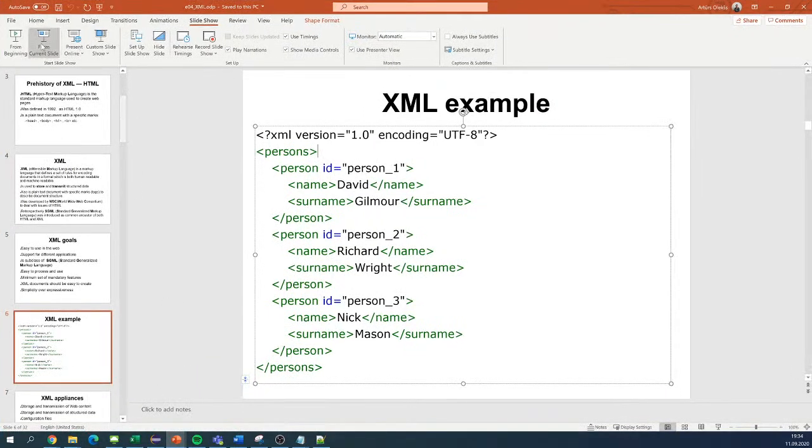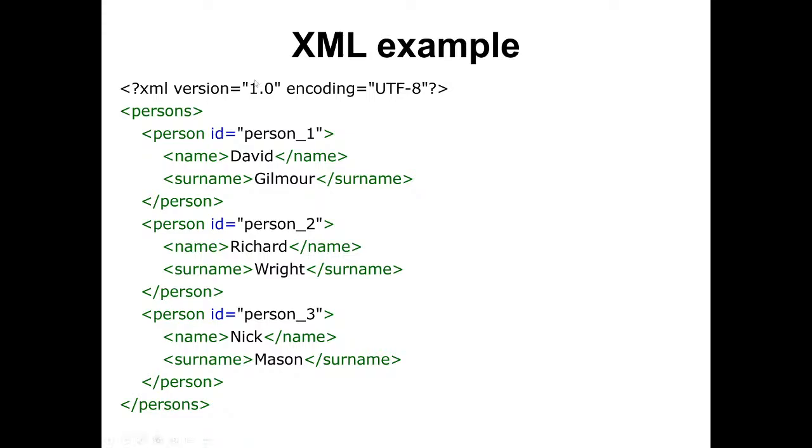Alright, let's move on with the presentation. And as you can see here, we define the version and the encoding. So if you have Latin characters and characters from the Latvian language as well, it's most likely then UTF-8 is used.